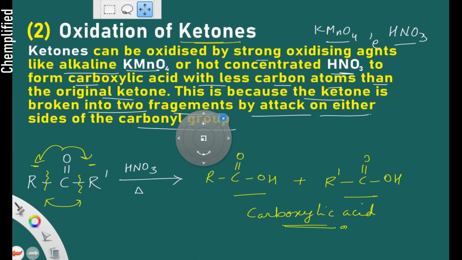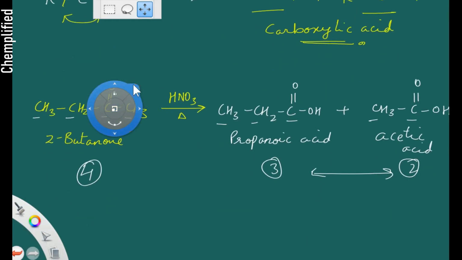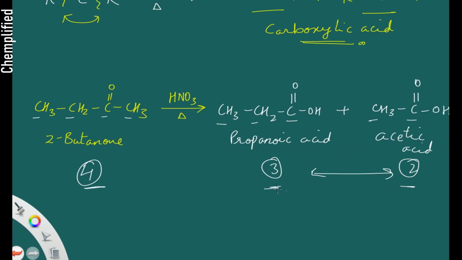Look at the statement. Ketones are oxidized by strong oxidizing agents like KMnO4 or concentrated HNO3 to form carboxylic acid with fewer carbon atoms than the original ketone. So the original ketone has 4 carbon atoms, and in the product side, you have 3 and 2, which are less than the original ketone. So that is the oxidation of ketones, right?